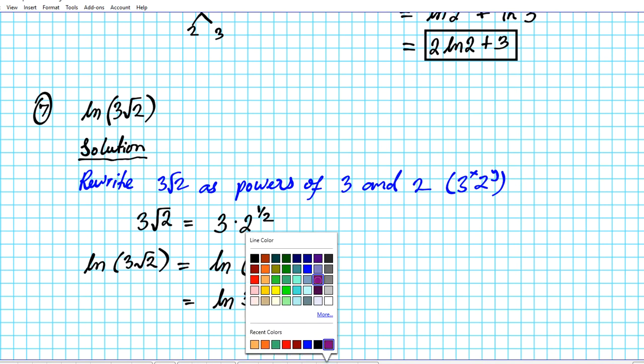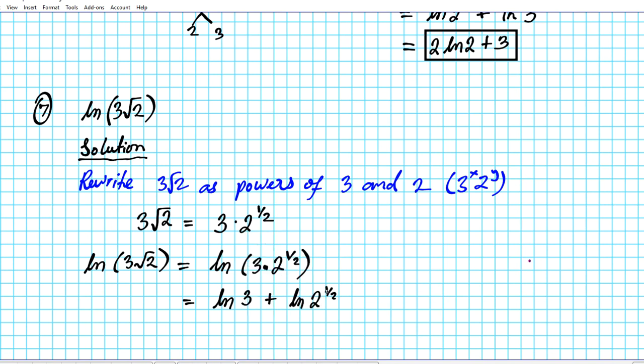And then what we're going to do next is power down this exponent, which is 1/2. And that leaves us with our final answer, which is the natural logarithm of 3 plus 1/2 the natural logarithm of 2. And that is the way of rewriting ln 3 root 2 using ln 3 and ln 2.